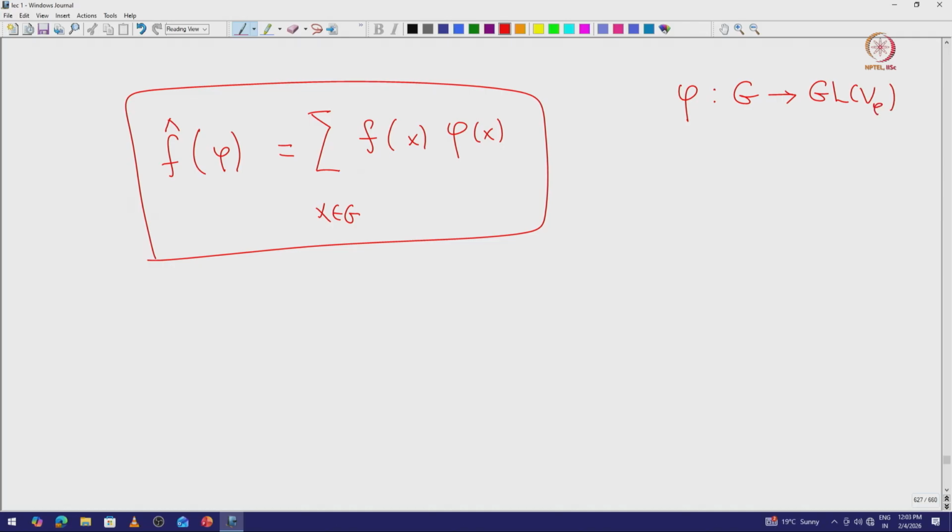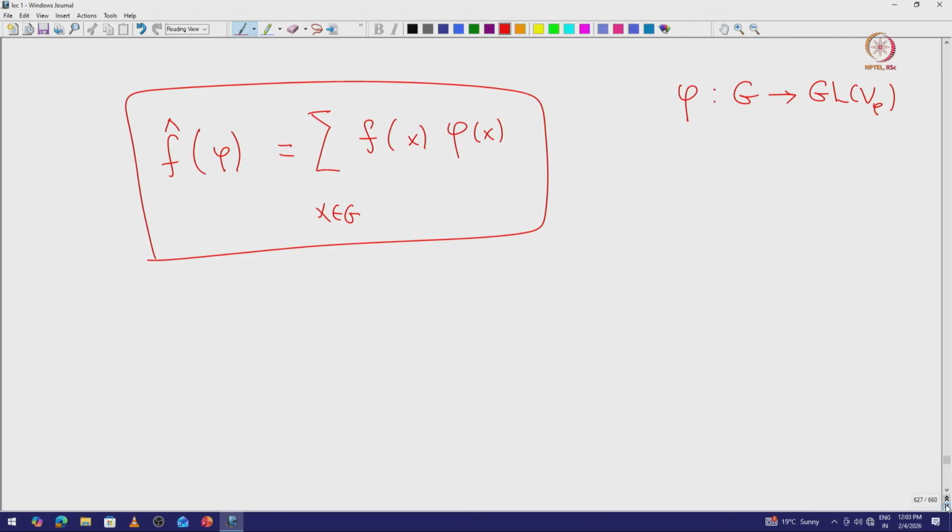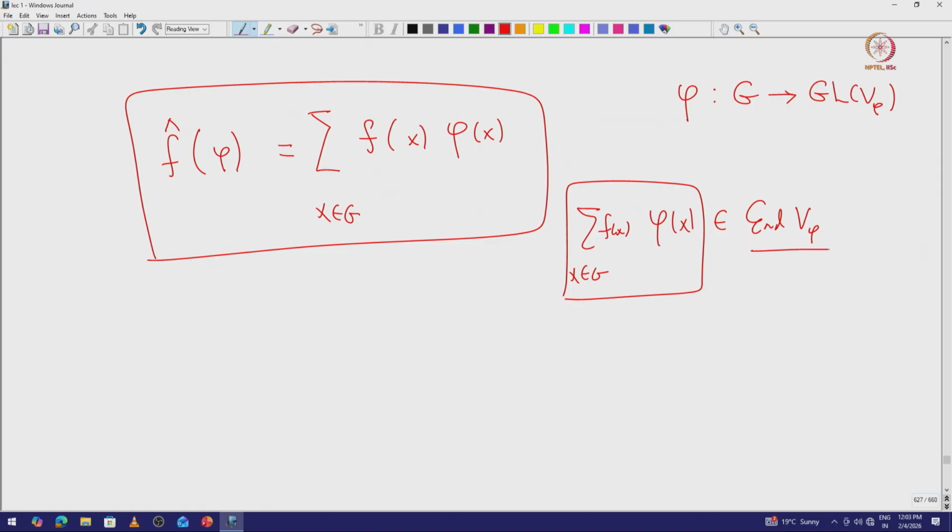So, we take first of all phi to be irreducibles, because that is what happened even in the finite abelian case. So, we were working with the G hat which is the irreps of G. So, that should be the correct space to replace. So, then the values are not going to be complex valued anymore. So, phi of x is going to lie inside the endomorphism of V phi, and this summation of f of x, x in G, is also going to lie in the endomorphism of V phi.